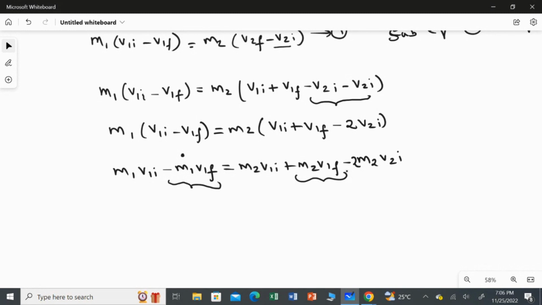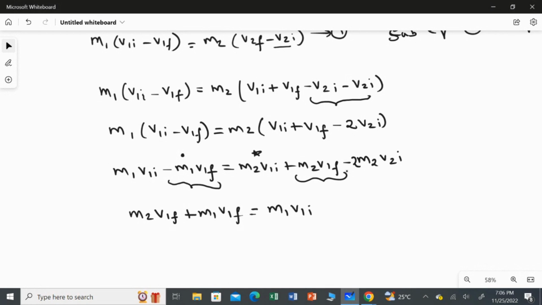So what will happen? Your equation will become M2, I'm going to keep this term as it is, M2 V1 final. When you move this to the right hand side, what will happen? It will take the positive value, right? So this becomes M1 V1 final, and the remaining term, I have to keep this term as it is here, that is M1 V1 initial.